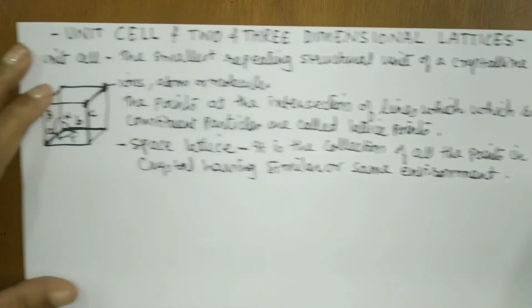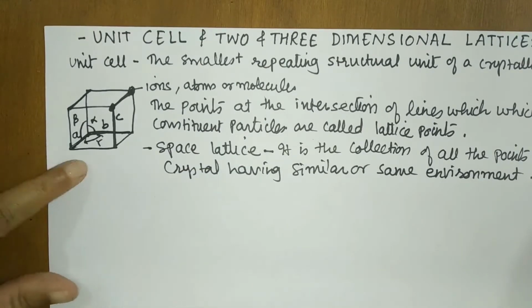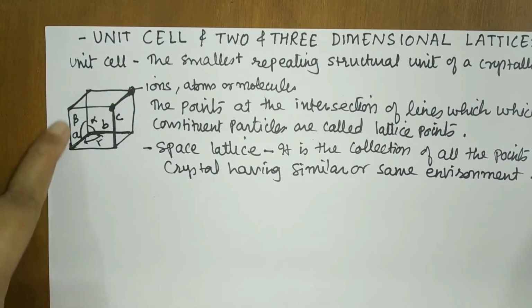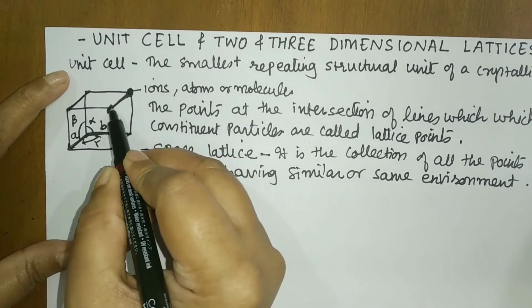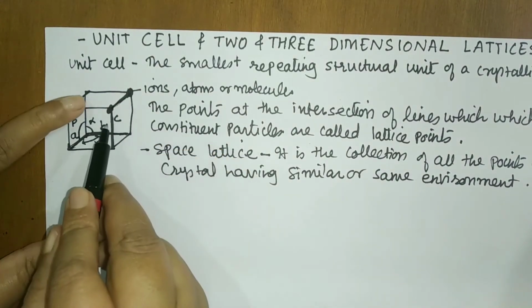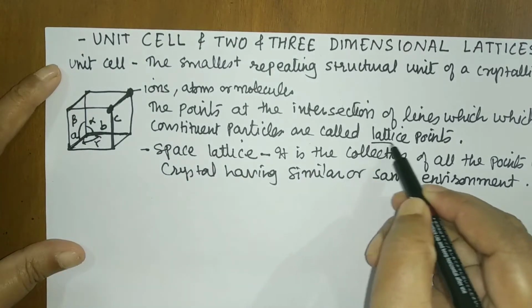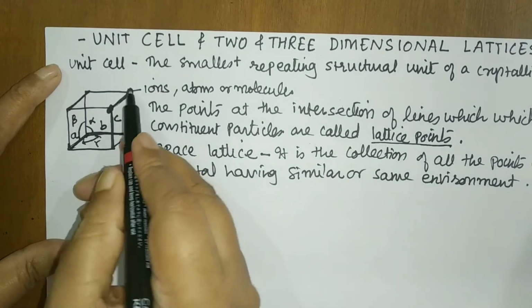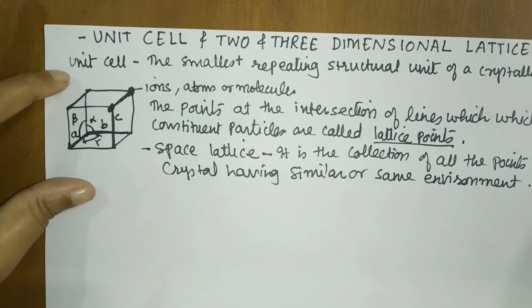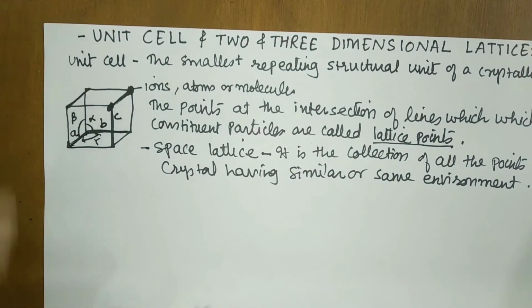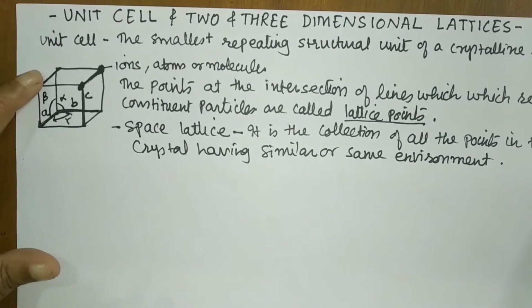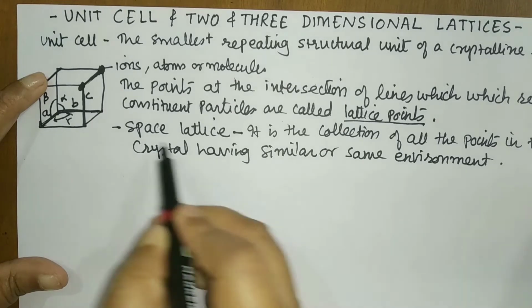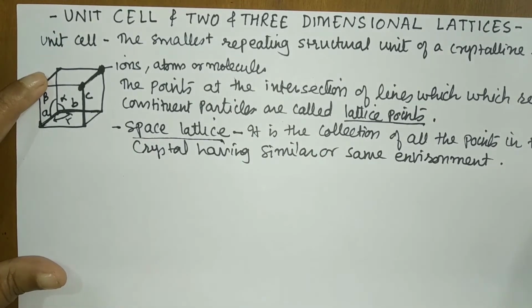So if I want to mark the same what I have discussed here, this is completely a unit cell. Those particular points where the lines are joined are called the lattice points. And when this is repeated over and over, or the collection of similar points in space, then we call it the space lattice. They should have the same environment, then I call it the space lattice.